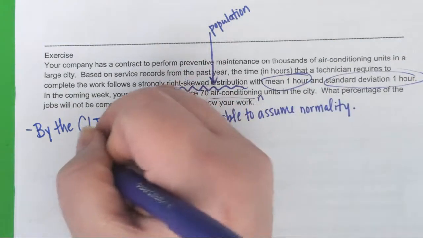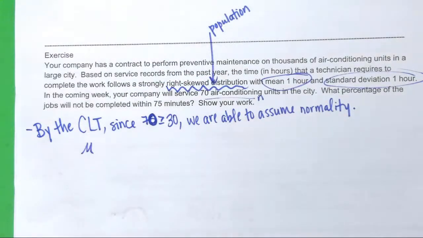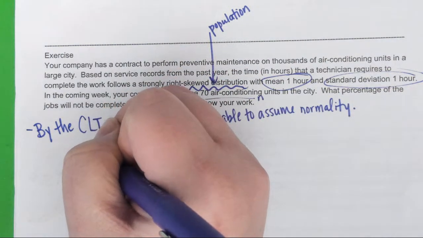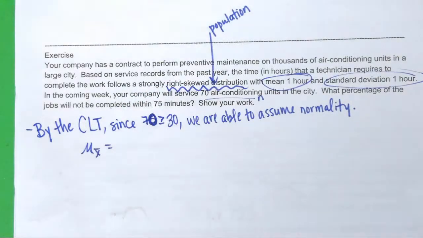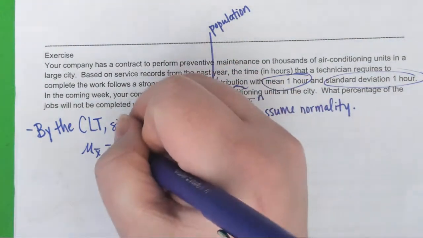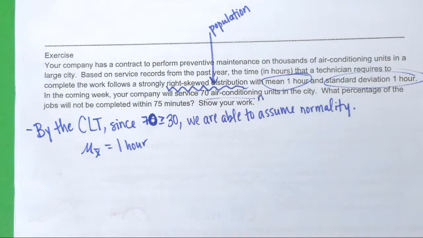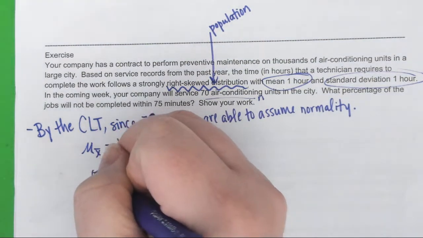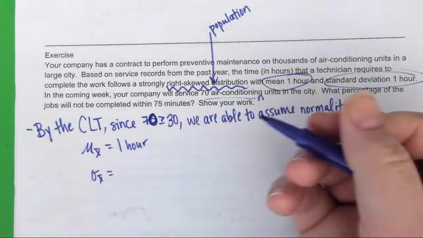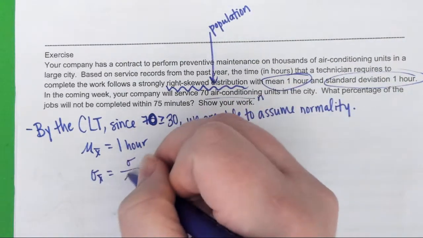Okay, so we know that our mean is supposed to be what? An hour. 60 minutes. We're going to leave it as hours, but yeah, we could convert all to minutes. We might have to in a second. And as for our standard deviation, we're going to do sigma over the square root of n.